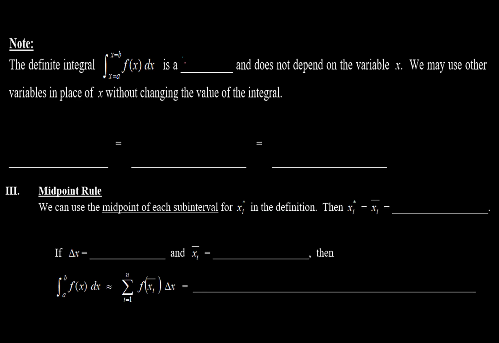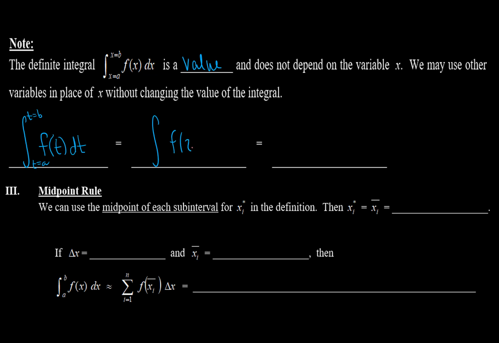Now, the definite integral is a value, okay? As long as we have those values of a to b, that means our answer is going to be a number. We're not going to get an equation out of it. So it's a value and doesn't depend on the variable x. So we can use other variables in place of x. Let's say I'm dealing with f of t. So I would do f of t dt, and then t goes from a to b. Well, let's say I wanted to do z.